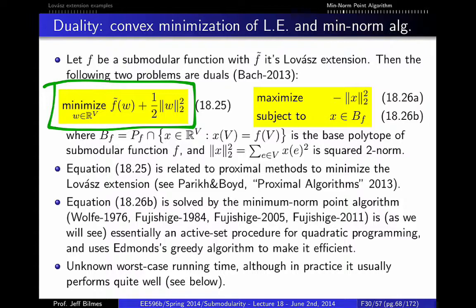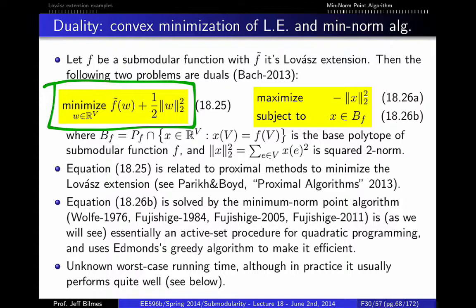This problem minimizes the Lovász extension plus the squared 2 norm over all w. So equation 18.25 is essentially related to a proximal method for minimizing the Lovász extension.